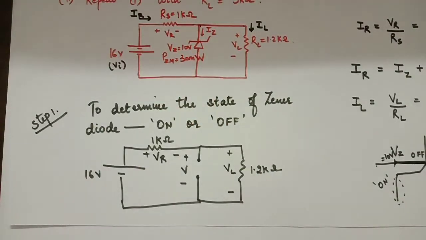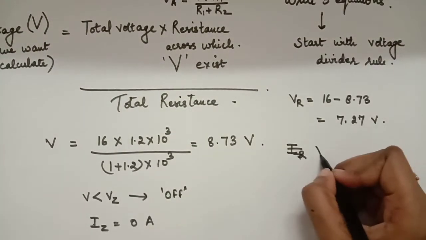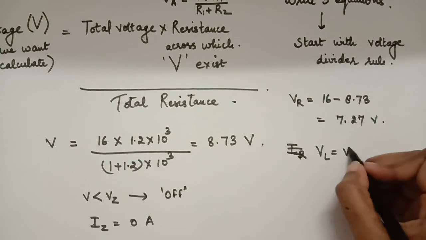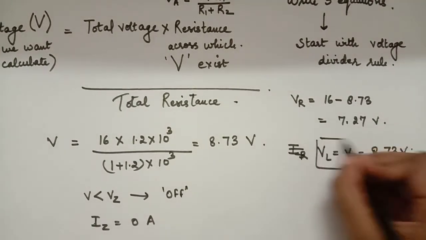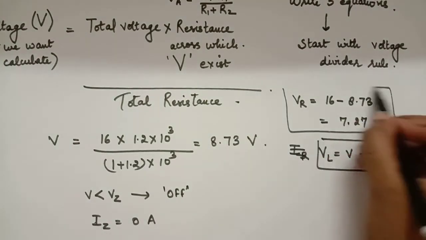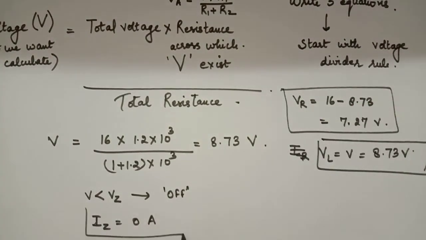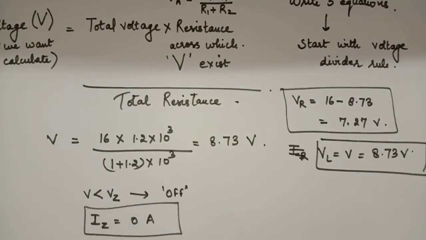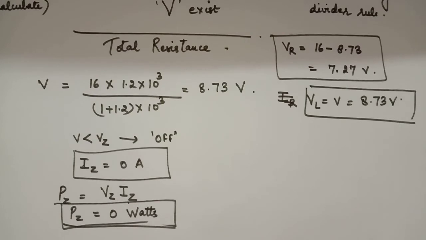We have already given the numerical for that, so let's keep things to here itself. VL is equal to V, which equals 8.73 volts. So I hope we have calculated all the parameters that we were asked to calculate. These are the 4 things that we were asked to calculate and we have calculated them.